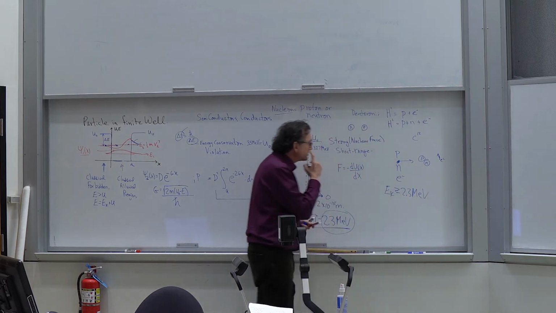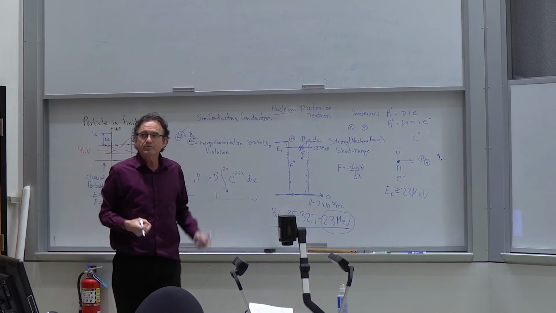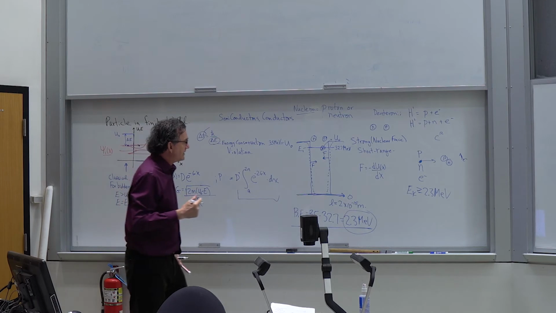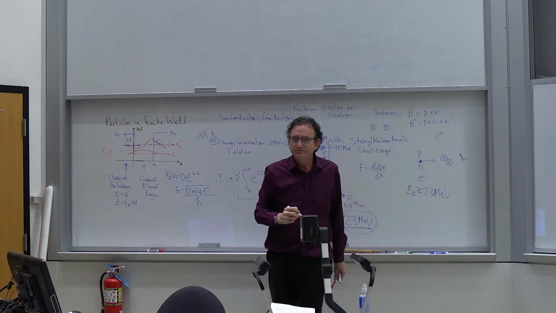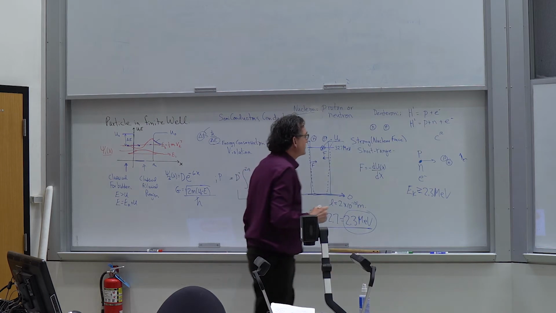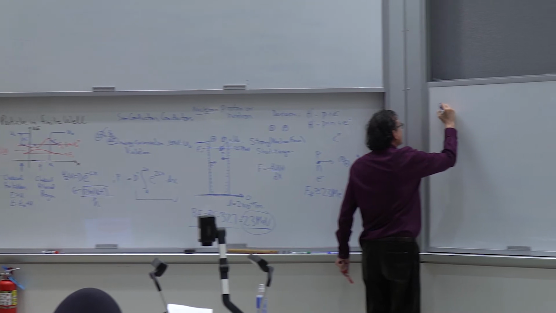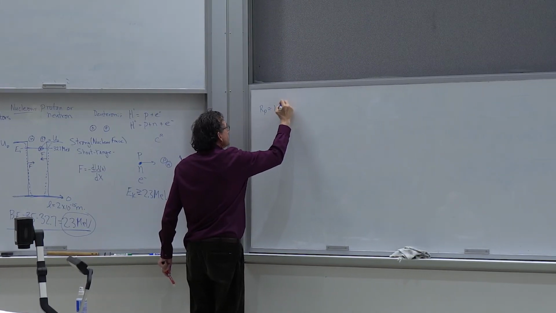Then that will be sufficient to break apart this two-particle bound system. Now, it turns out that the size of protons and neutrons has been measured, and the radius of a proton is approximately equal to 10 to the minus 15 meters.